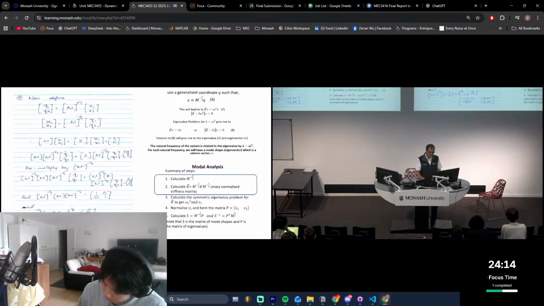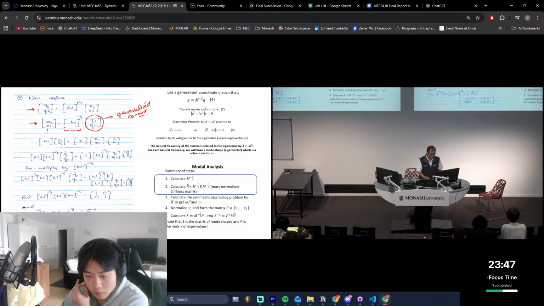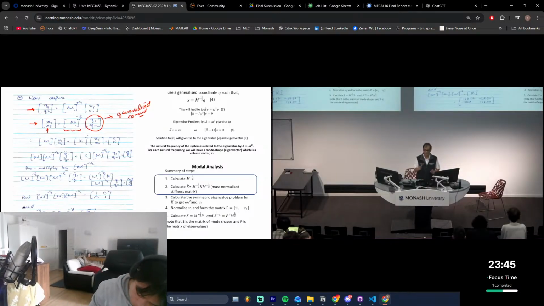In doing so, we define a new coordinate system, Q1, which is still a generalized coordinate, in terms of x1 and x2, where we have modified x1 and x2 by one of the matrices. In this case, this matrix is the inverse square root of the mass m, which we obtained from the Cholesky decomposition.